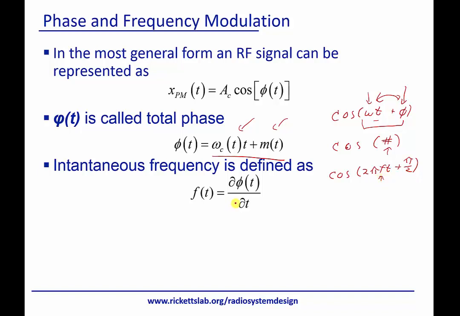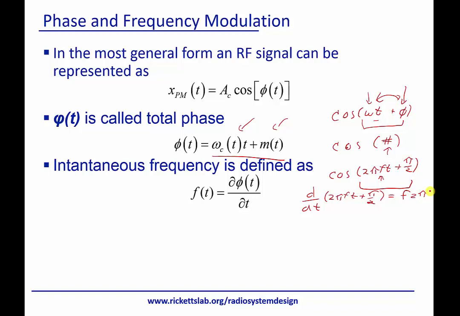Well, according to this, we take phi and we take the time rate of change of that. So d dt of 2 pi ft plus pi over 2 equals f, right? Actually equals 2 pi f, right? And so you can see right away that this is consistent with everything you've known before.